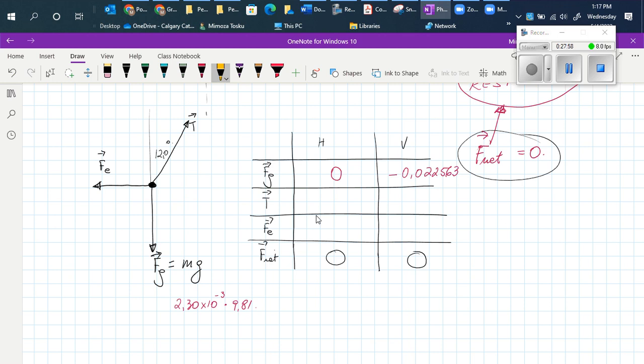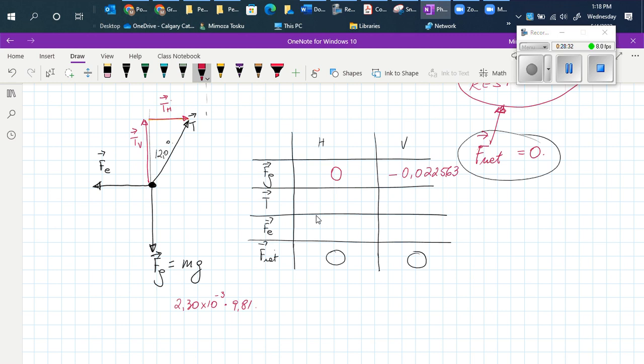So you will follow the steps. From the tip of the vector, you will draw a perpendicular to include the given angle. Whatever is along the vertical will be the vertical component, so TV, and whatever is along the horizontal will be the horizontal component, so TH. Okay, now we don't know the magnitude of the tension.